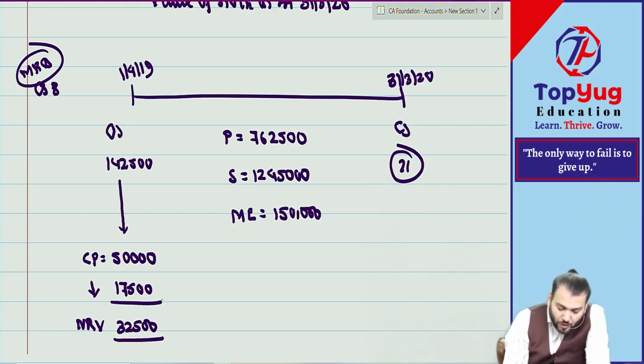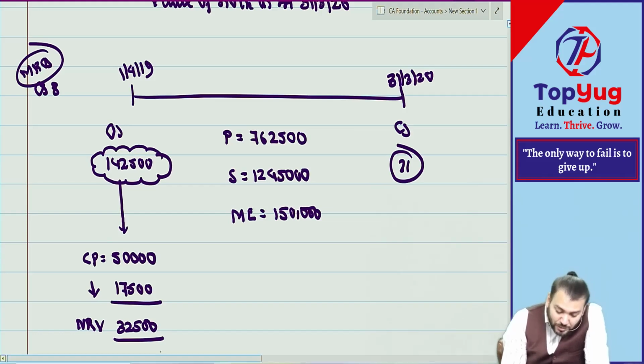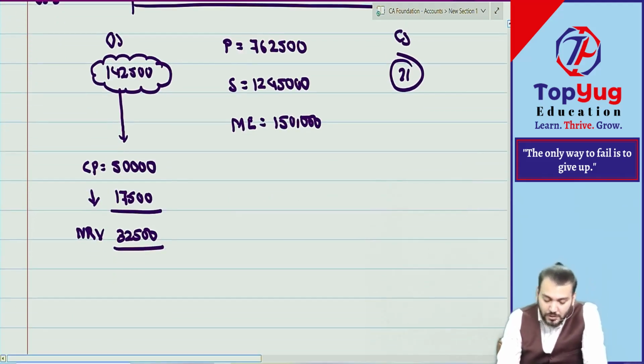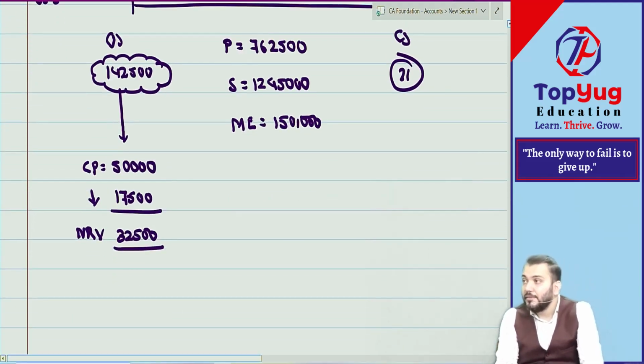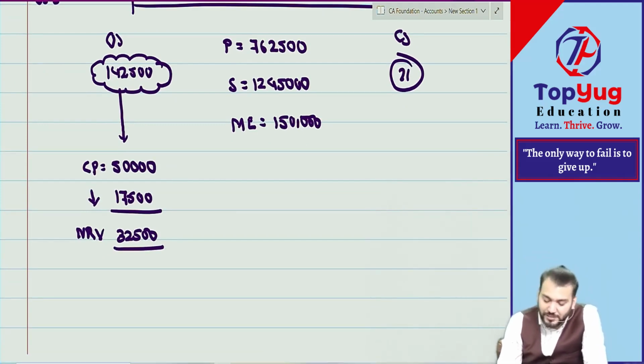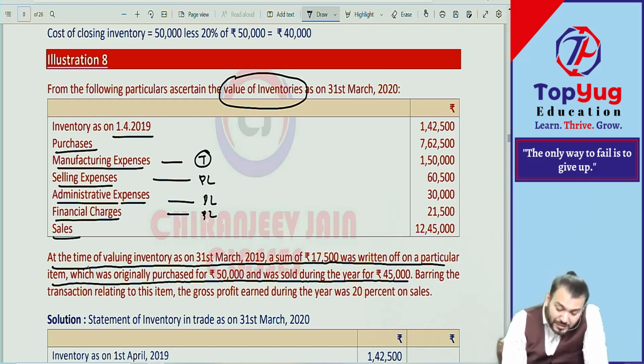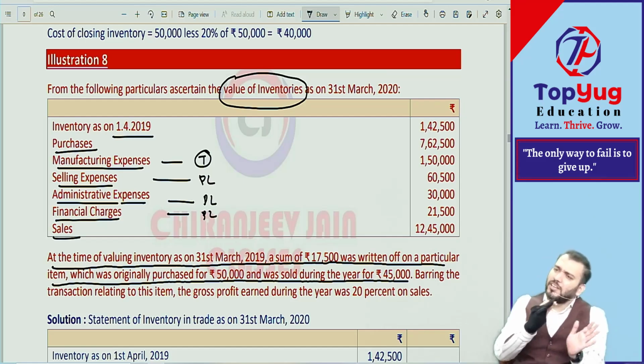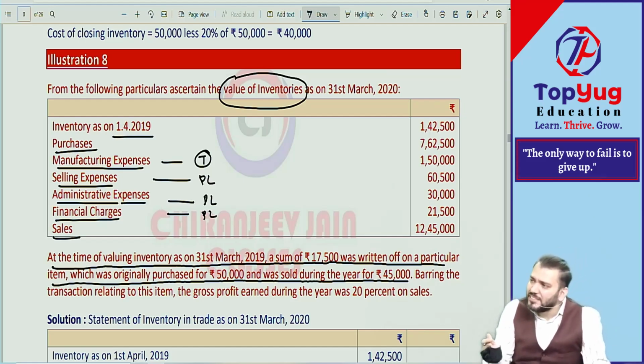My question to you all: does this 1,42,500 include 50,000 or 32,500? Let us read again. At the time of valuing inventory as on 31st March, last year's closing stock is already valued at cost price or NRV, whichever is lower.